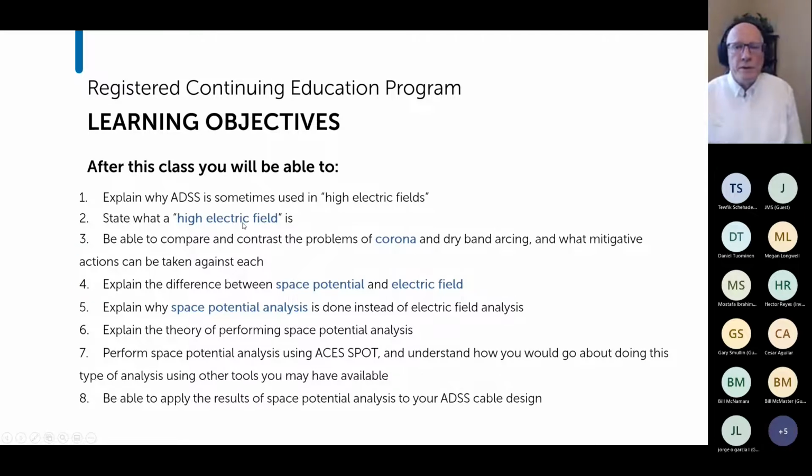So learning objectives: you're going to be able to explain why ADSS is used in a high electric field, and state what a high electric field is. You're going to be able to compare and contrast the problems of corona and dry band arcing and what you can do to mitigate against each. You're going to know the difference between space potential and electric field and also why that is important.